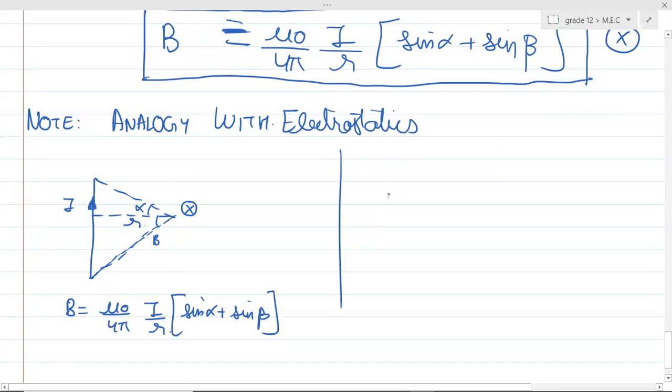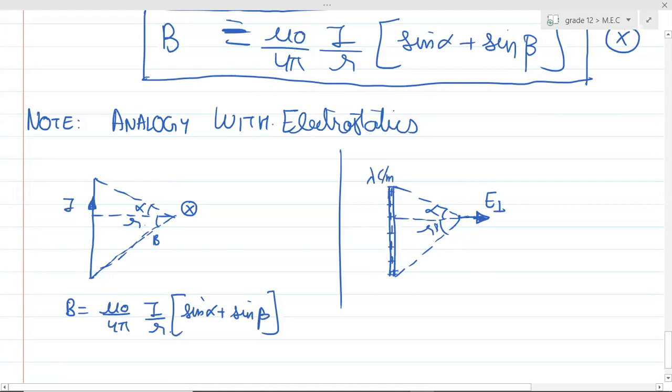And in electrostatics, if you had a line charge with linear charge density lambda coulomb per meter, and the same distance r, the same alpha and same beta, here you had two different components. If you remember, there was this E perpendicular and there was this E parallel.